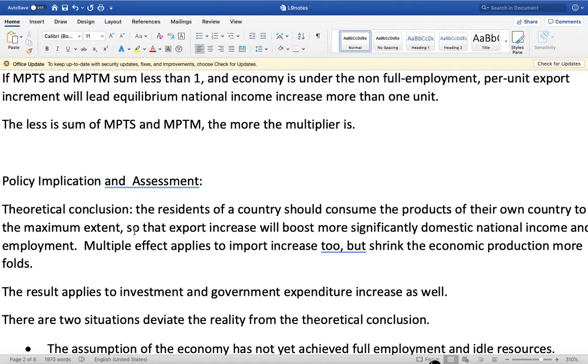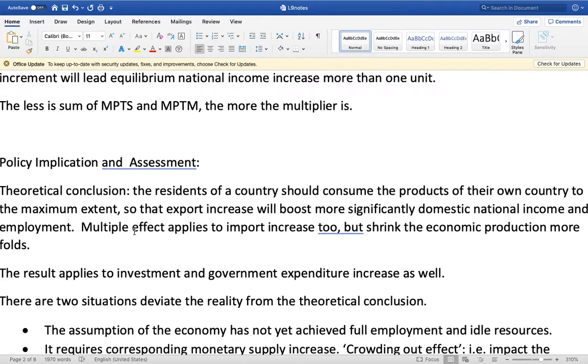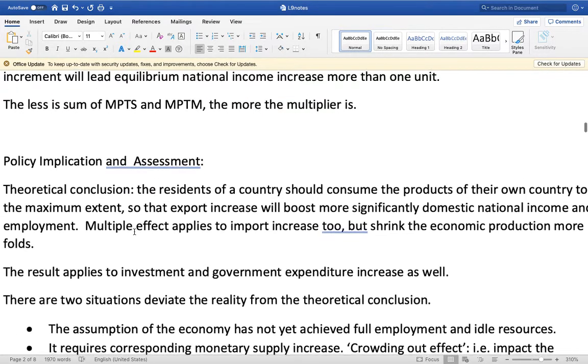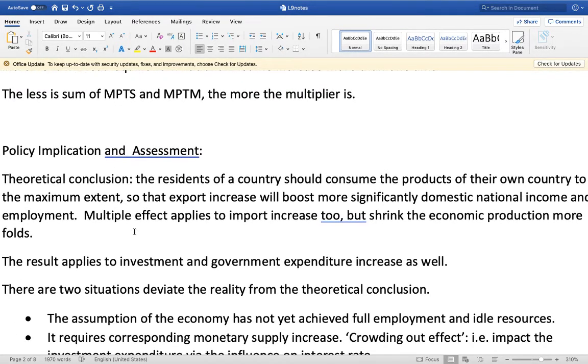The multiplier effect applies to the import increase as well, but the shrinking of economic production takes more than one fold. So the result applies to the investment and the government expenditure increase as well.